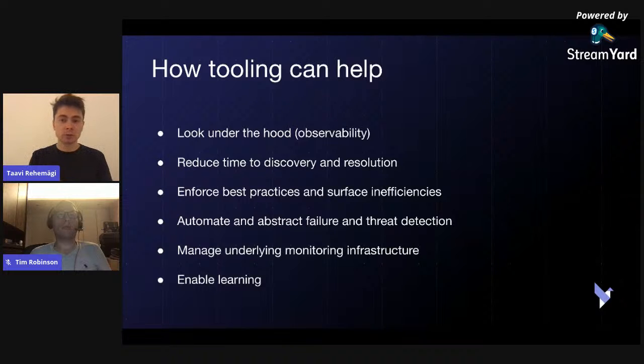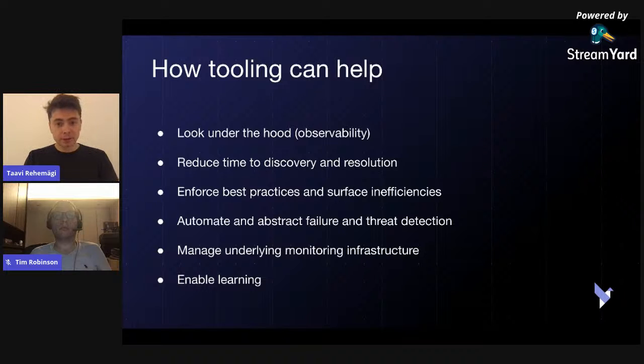Not just compute, but how do your SQS queues interact with your Lambda functions? How is your API gateway performing? How are the step functions doing? Do you have any problems there? So really not just one or two services, but you're dealing with this whole spectrum of different managed services.